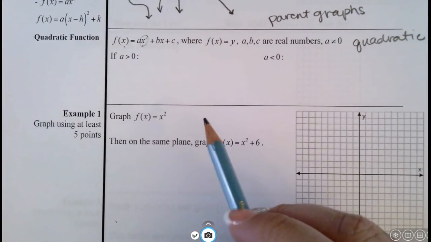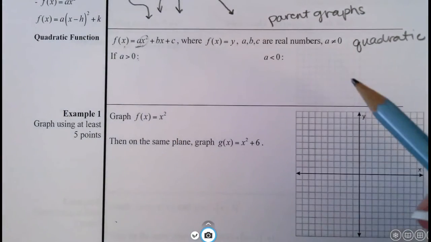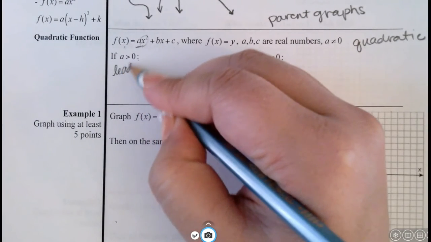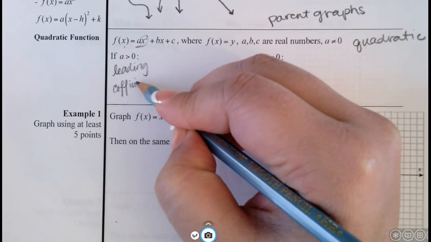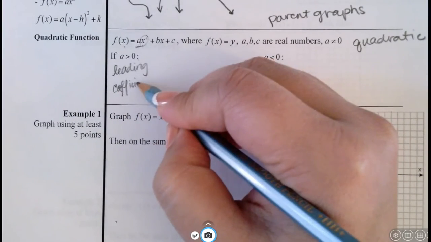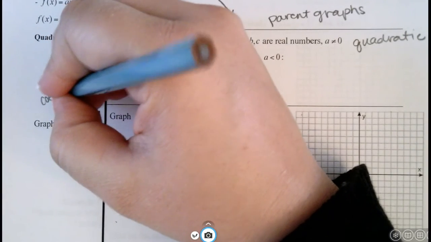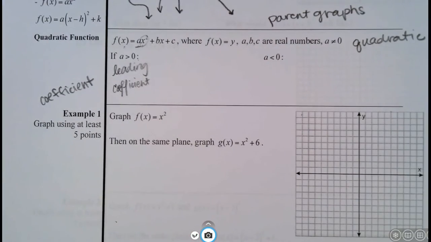So if we have a quadratic function, if a is positive, a is my coefficient for my highest degree term. This is called the leading coefficient. I'm going to write that over here again, a little bit more legibly.